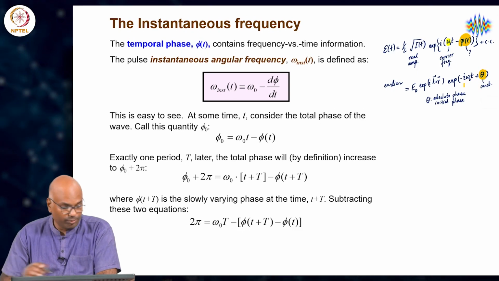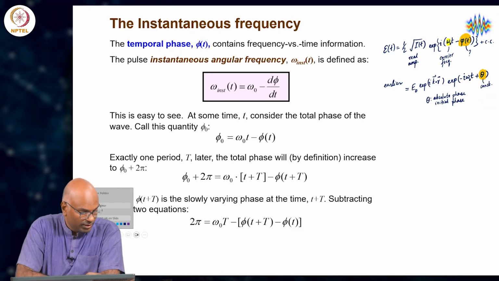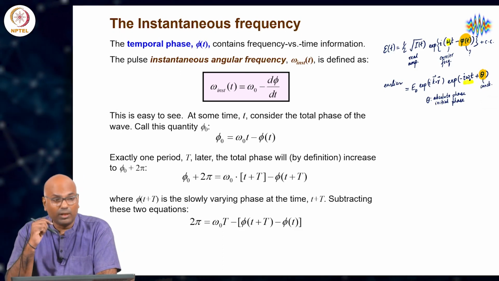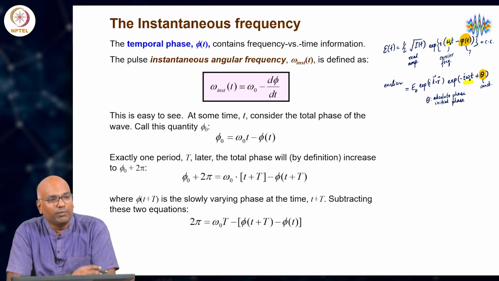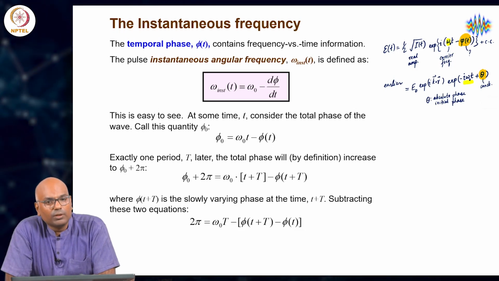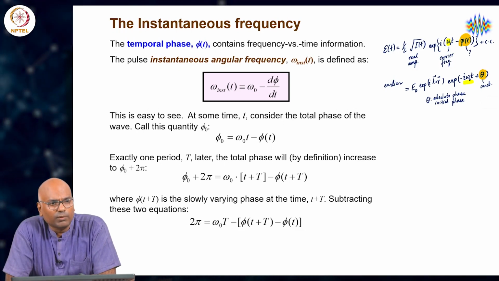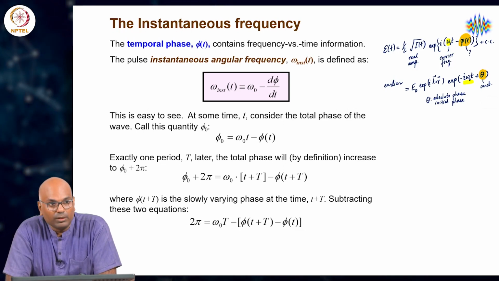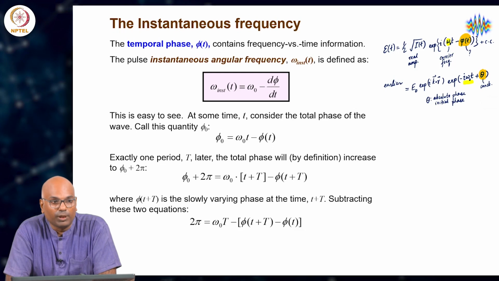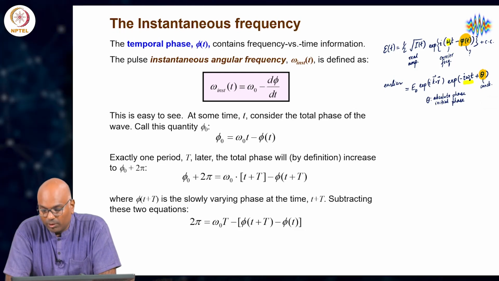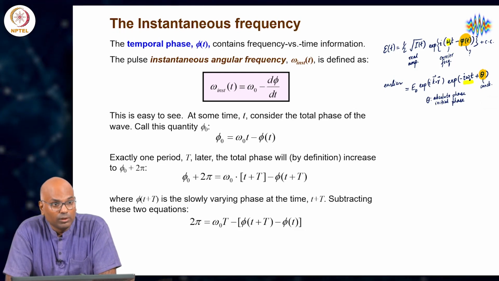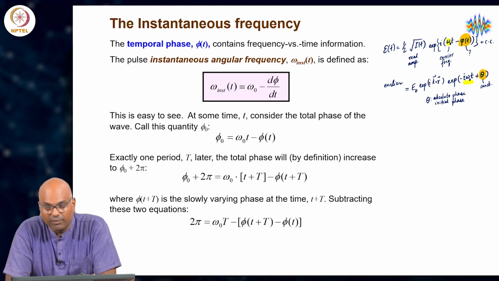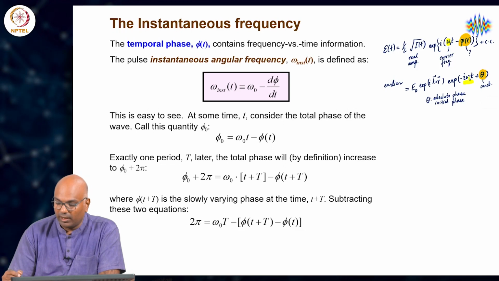Recall that this piece omega naught t emerged out of the fact that we said that propagating waves are described by a mathematical function of the form x minus v t. So, this v t component, which is the key to propagation, essentially brought about this omega naught, because omega by k was the phase velocity for a monochromatic wave, right. So, this is all arising out of propagation.